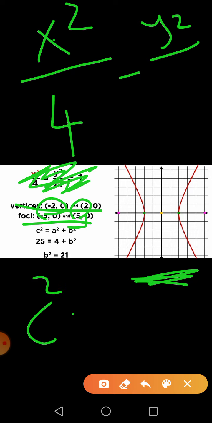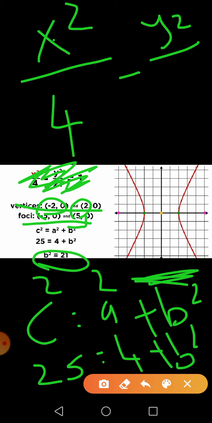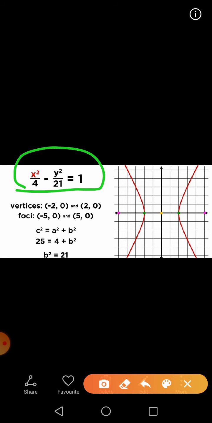Remember c squared equals a squared plus b squared. C squared here is 25 equals a squared 4 plus b squared, so b squared will be 21. So I will write here 21, all equals 1, and that's all. Let's see again the equation here: x squared over 4 minus y squared over 21 equals 1.